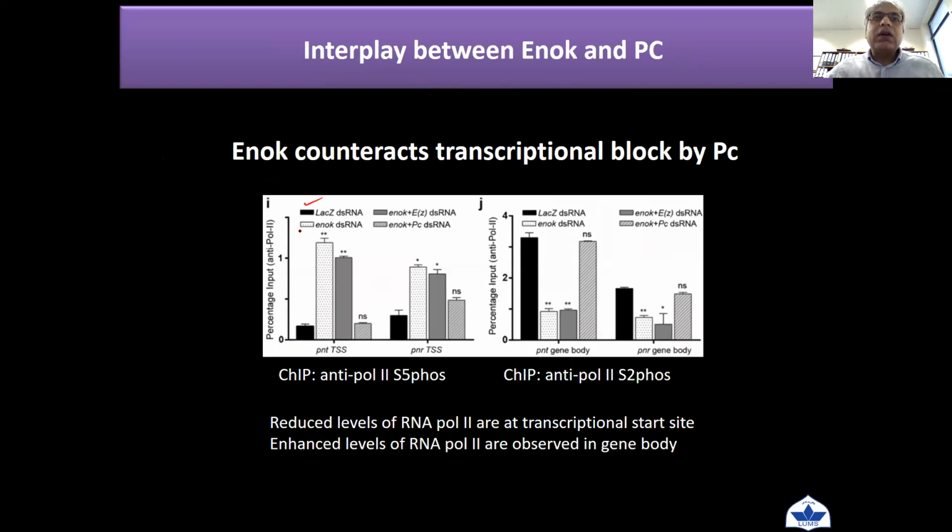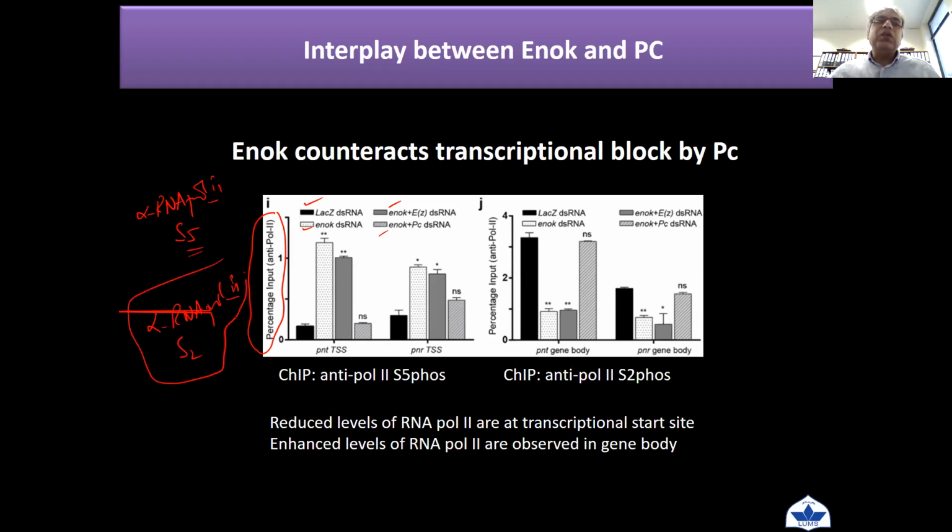So this is single knockdown, Enoch, LacZ. This is double knockdown. And Jawad used antibody against RNA pol 2 which is serine 5 phosphorylated, and antibody against RNA pol 2 which is serine 2 phosphorylated.